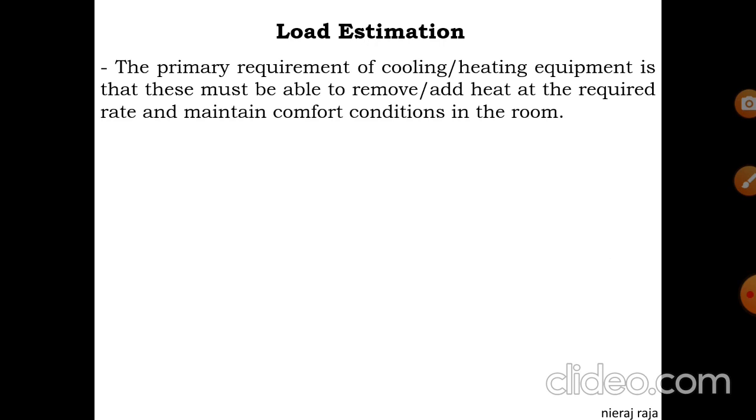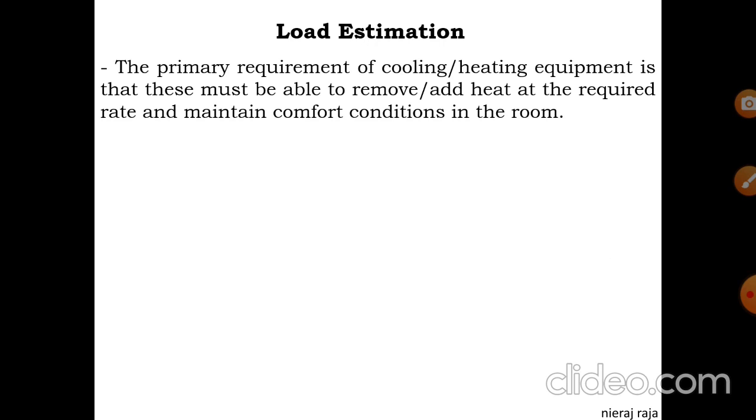From unit number 4 and unit number 5, we can conclude these three lines: you may use any air conditioning system, for cooling or for heating, and their final objective is to maintain the comfort conditions inside the room, whether in summer or winter, for comfort air conditioning, room air conditioning, or industrial air conditioning also. Any air conditioning system has to maintain the comfort conditions inside the room.